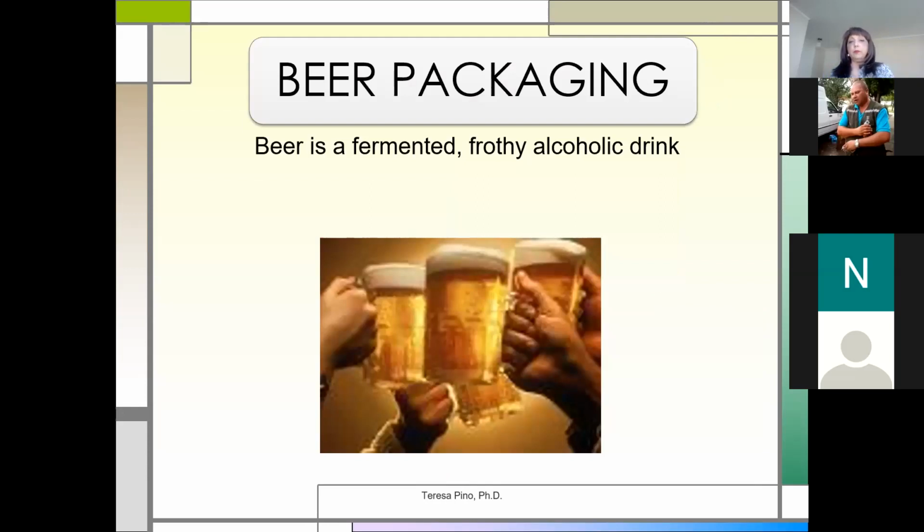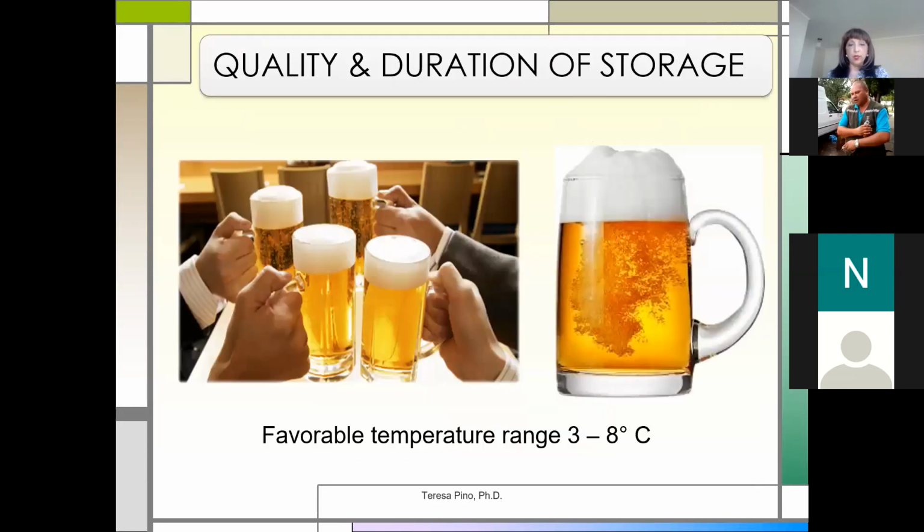Beer packaging. Now we have to refer to the liquids. And I have chosen beer because beer is very particular, especially because beer has microorganisms. And we have to consider the temperature range when we talk about elements with microorganisms or organics.